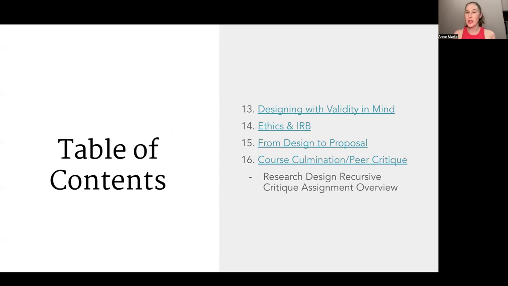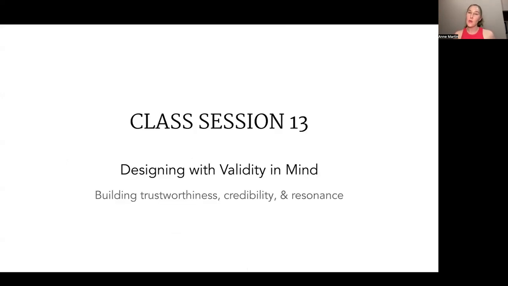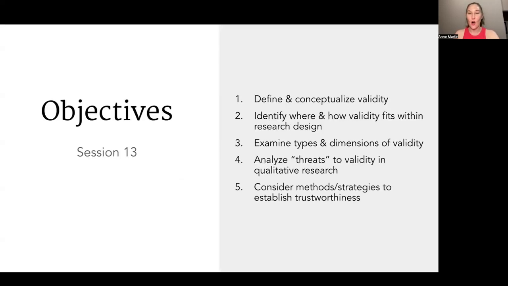So today is going to be lecture 13, Designing with Validity in Mind, all about how you can build trustworthiness, credibility, and resonance across your design. So over the course of these readings and this perusal, some of the things to focus on are being able to define and conceptualize what validity is, and as it relates to your work, how you are going to define it.